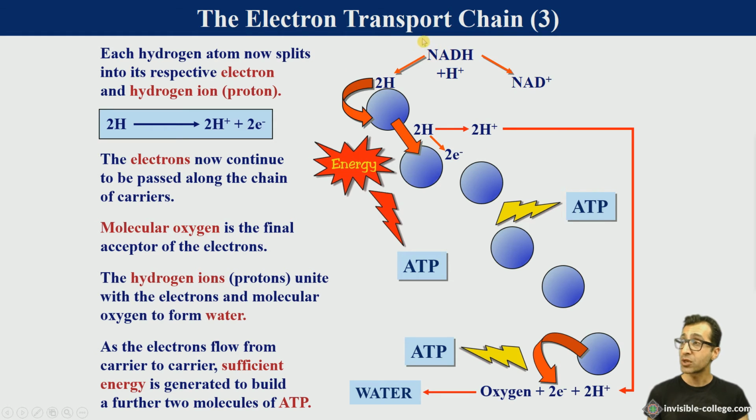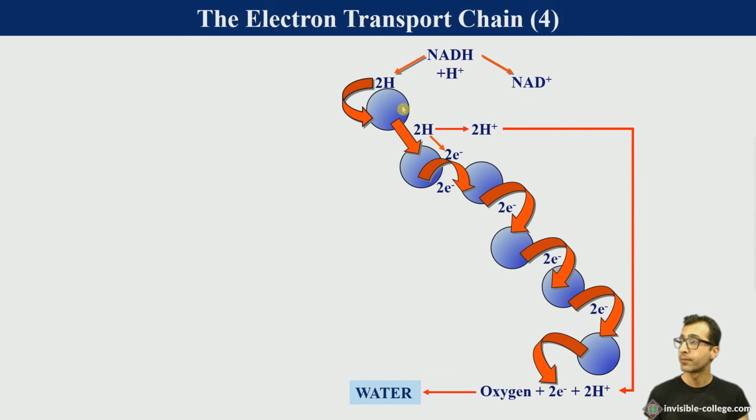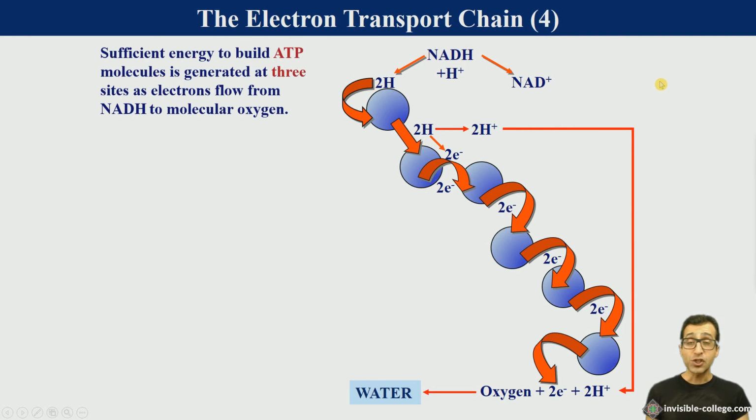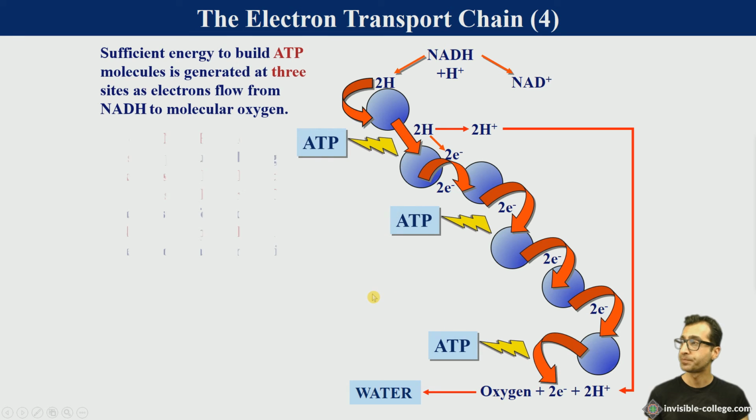Again, we are talking about what happens ultimately when one molecule of NADH plus H plus passes its 2 hydrogen atoms to this first carrier in the chain. So sufficient energy to build ATP molecules is generated at 3 sites in this electron transport chain on the way down all the way to the final acceptor, molecular oxygen.